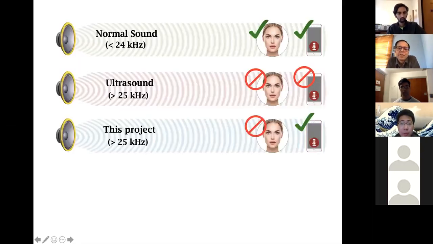So this project we are going to talk about, called Inaudible Acoustics, or actually the name of the project is Backdoor. This project says we are going to design ultrasound that is going to be completely inaudible to humans, naturally, but will be completely audible to microphones, all microphones.